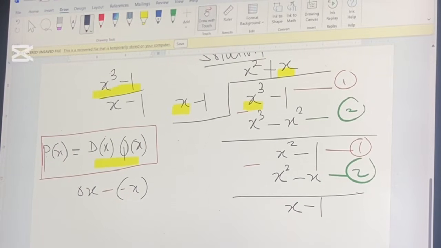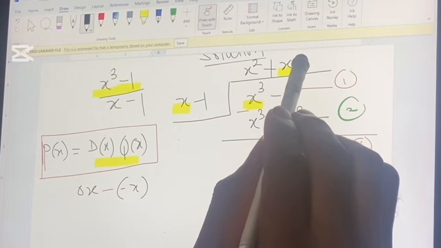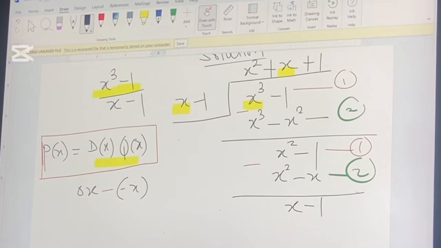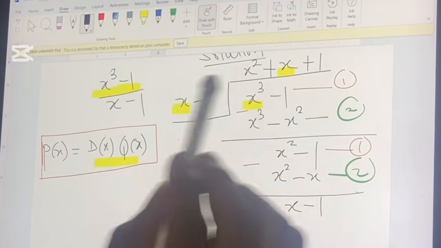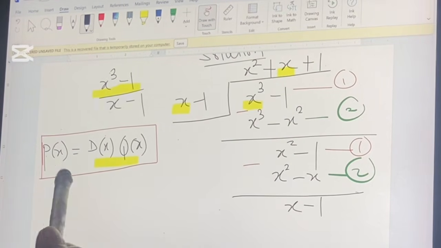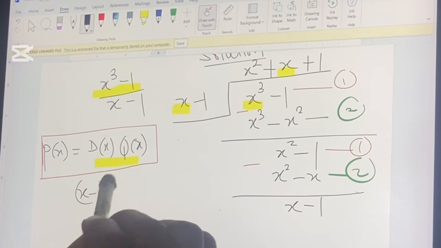The next step is to divide again. s divided by s here, I will have this to be plus 1. So let's have the new polynomial for this quotient. I will have s minus 1 times 1.